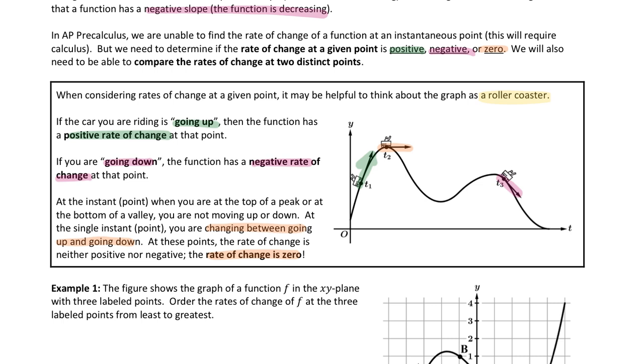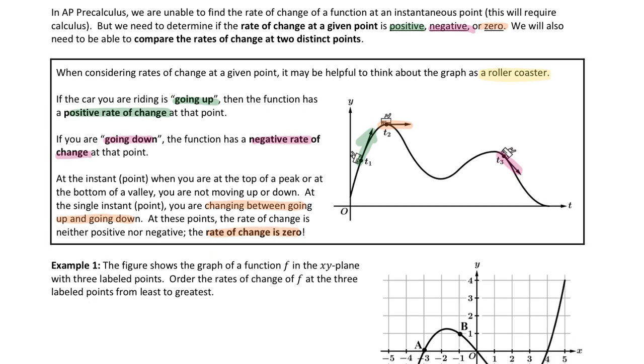Exactly when you're changing from positive to negative. Because if you think about even just numbers, if you switch from positive numbers to negative numbers, you had to cross 0. So that rate of change right when you change instantaneously is 0. So positive, negative, easy. It has to be at either a maximum or a minimum, exactly when it changes from increasing to decreasing, to be considered a slope of 0 for this course.